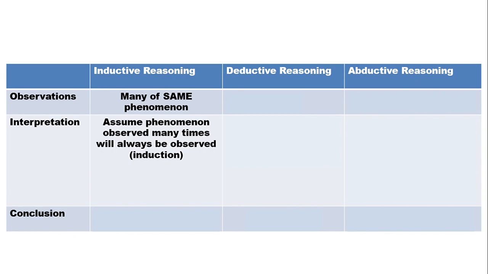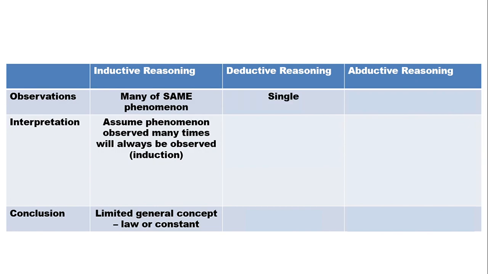We're assuming the universe is an ordered place. And from that, the conclusion we come up with is a general concept, but it's a fairly limited general concept. It's a law or a constant that tells us only one small part of the story of the universe.